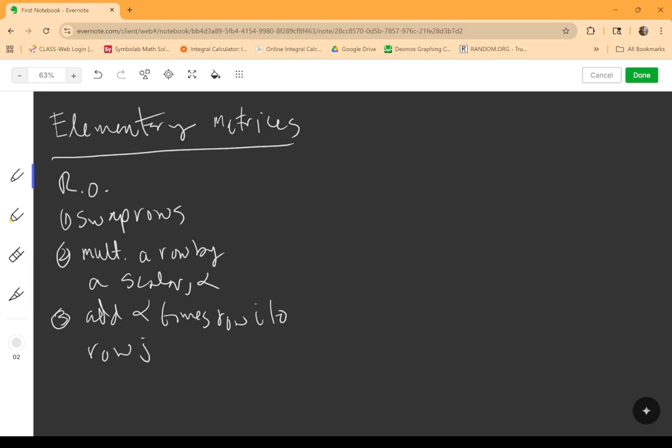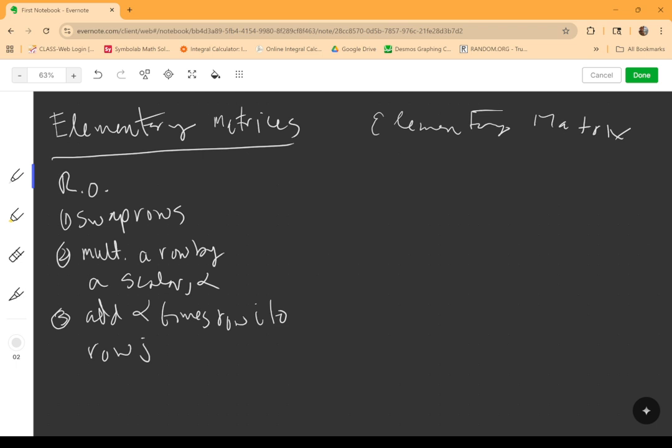And if I can represent row operations through matrices, then I can calculate its determinant.